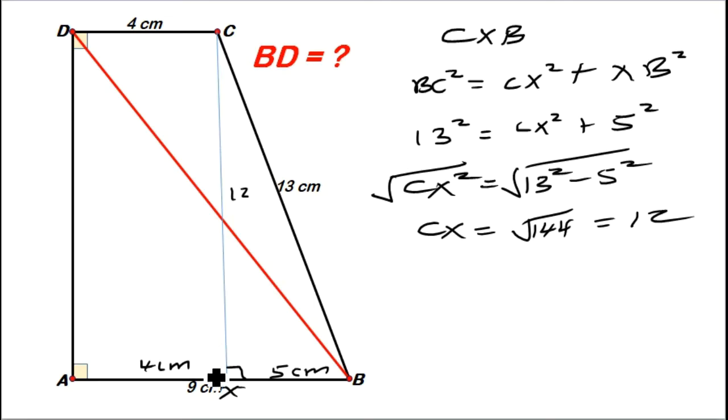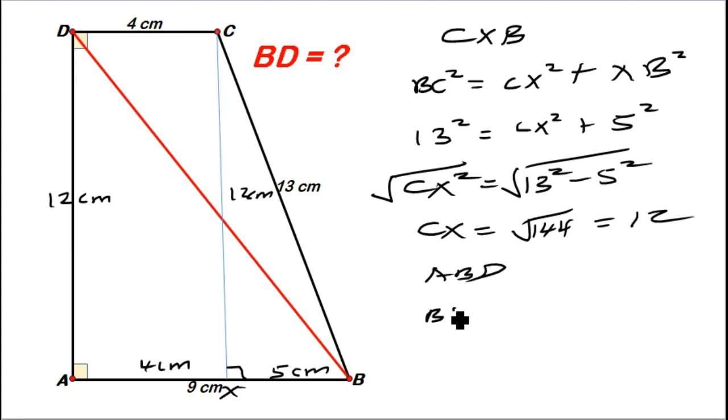So if from C to X is 12 units, then automatically from D to A or A to D is also going to be 12 units. And the unit here is centimeter, of course, 12 centimeters. Now, we can now determine the length BD because triangle ABD is a right angle triangle at point A. So if you use Pythagoras theorem, the longest side is BD.